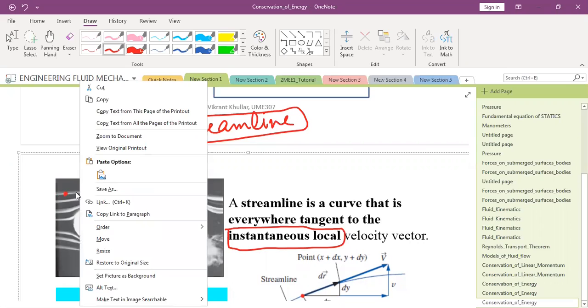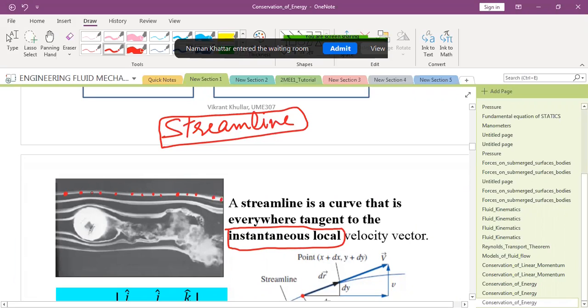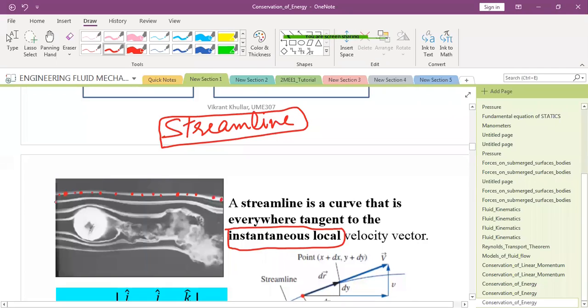This path. So this is the instantaneous location of the fluid particle that is on the streamline.